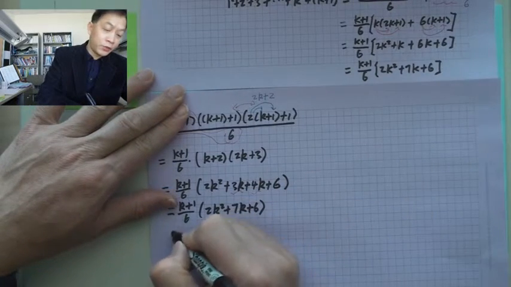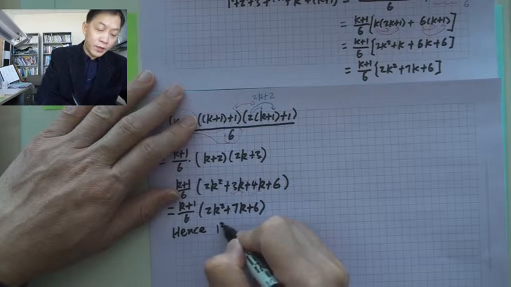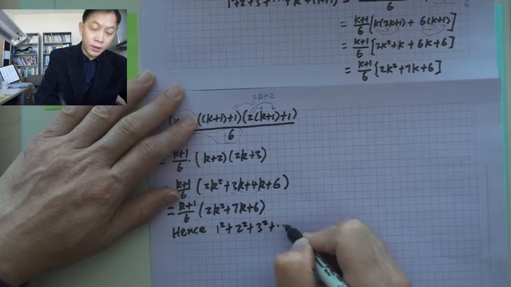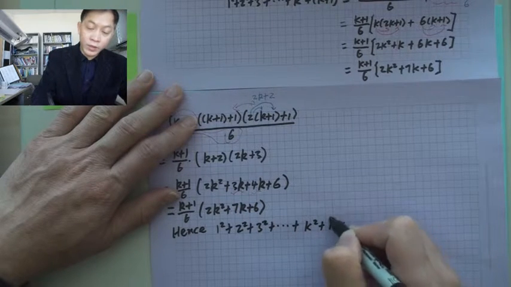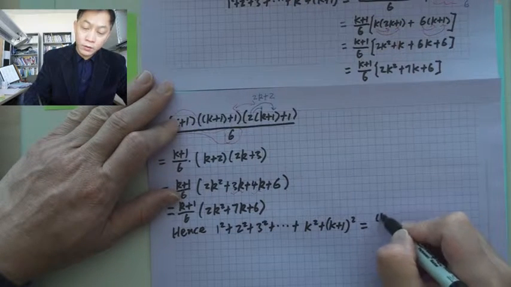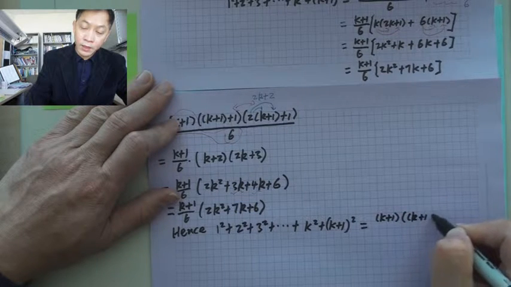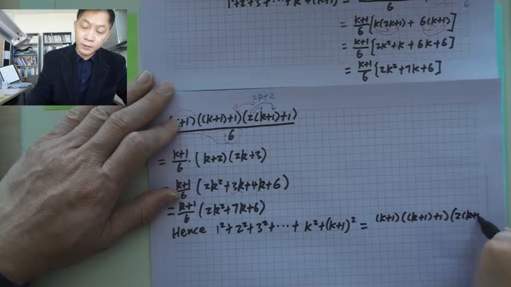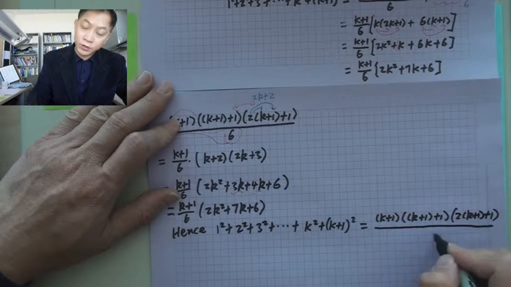You may write here, hence, 1 squared plus 2 squared plus 3 squared plus dot dot dot plus k squared plus k plus 1 squared equals k plus 1, k plus 1 plus 1, 2k plus 1 plus 1, divided by 6.